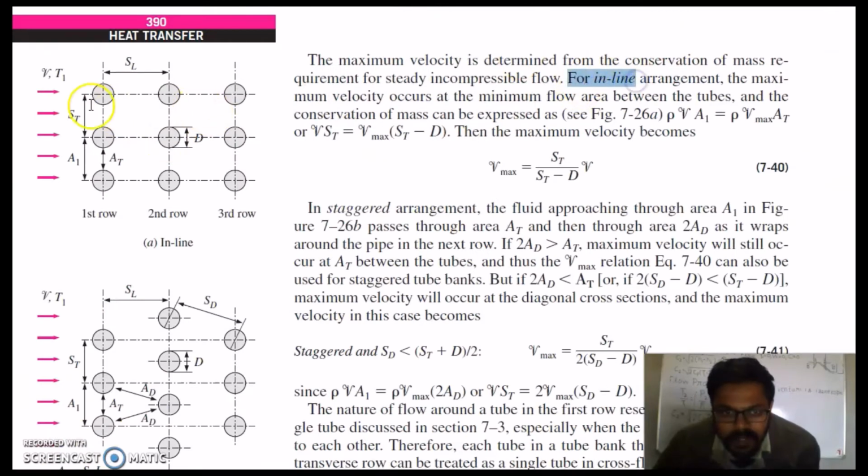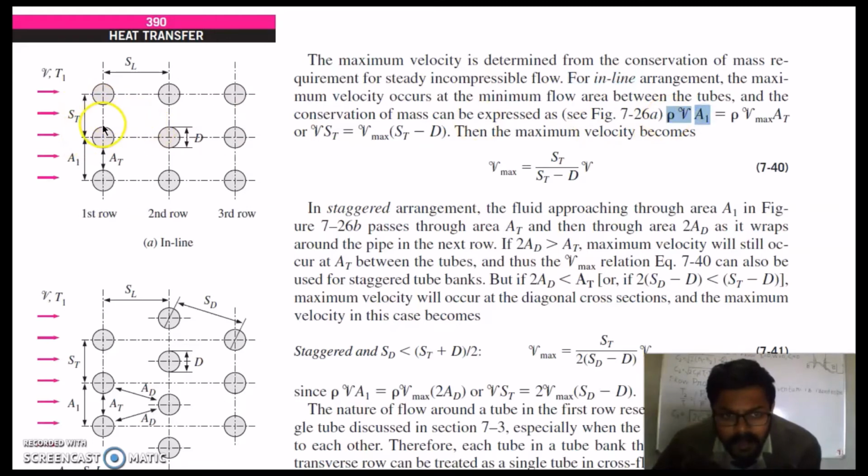For the inline arrangement, the maximum velocity occurs at the minimum flow area, which is this area A_T. Apply the conservation of mass on this area and this area. On this area the mass rate is density into velocity into area, which is this.